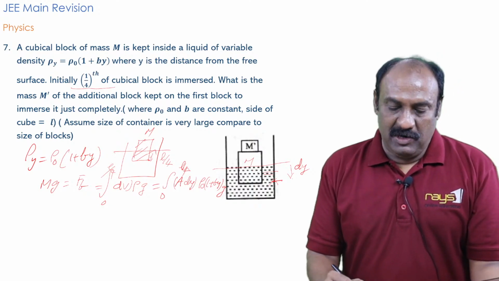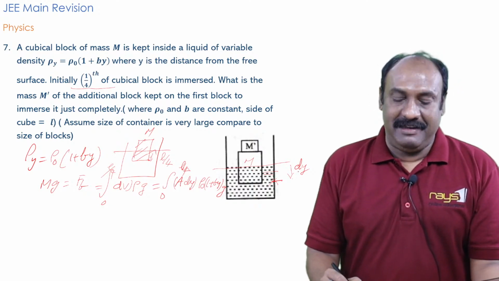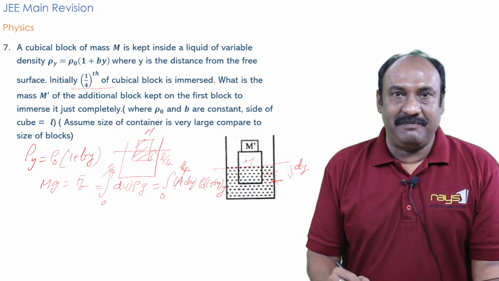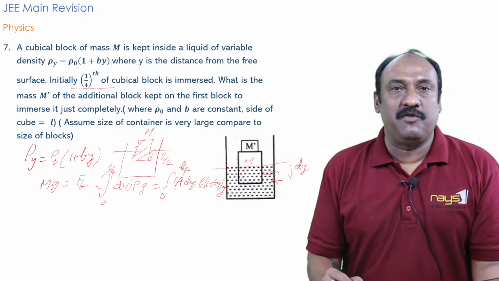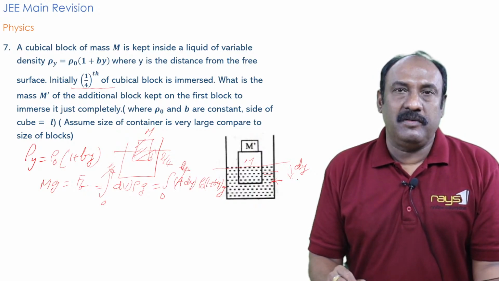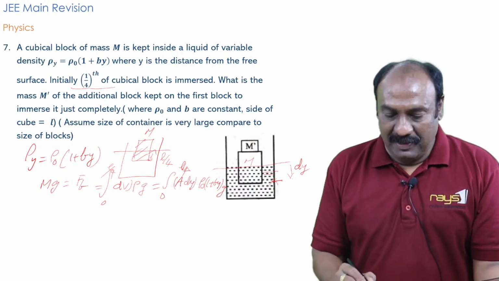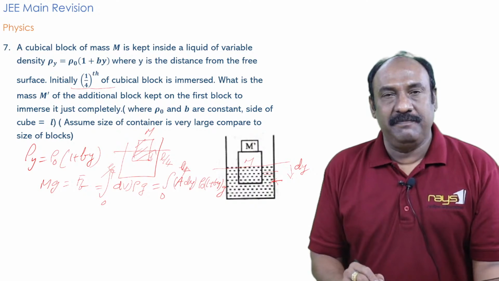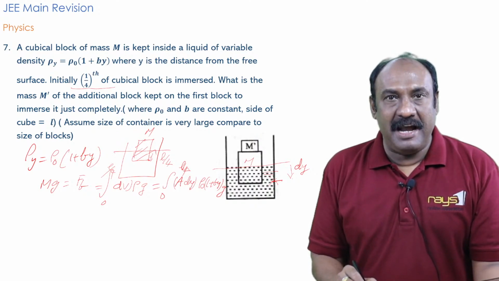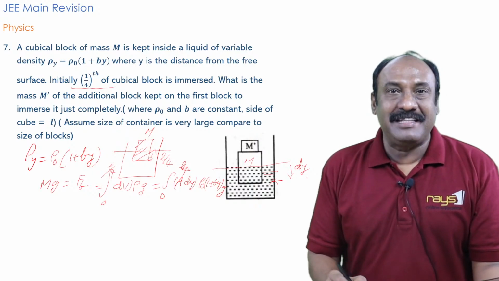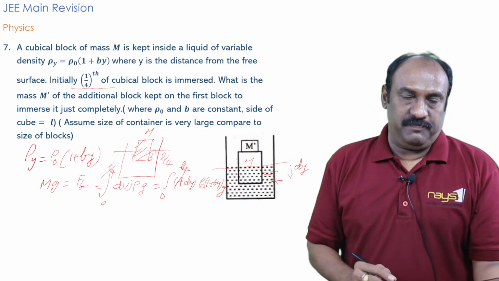So I consider one small elemental strip of thickness dy, which exerts buoyant force dB. To get the effective buoyant force, we integrate within the limits 0 to L/4.